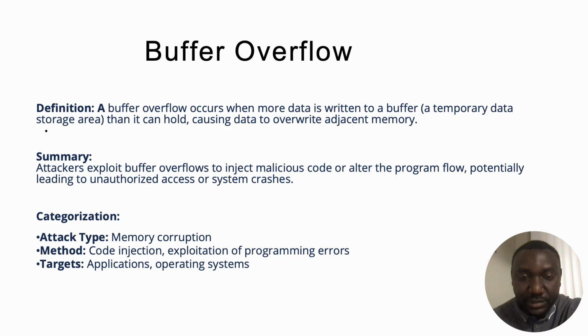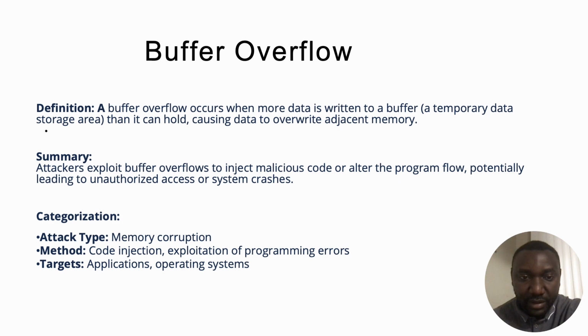Now these are the types of attack. We have eight. The first one is the buffer overflow. A buffer overflow occurs when data is written to a buffer beyond what it can hold, causing data to overwrite adjacent memory.